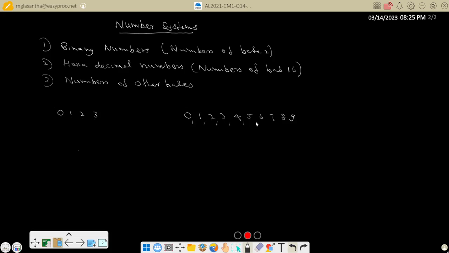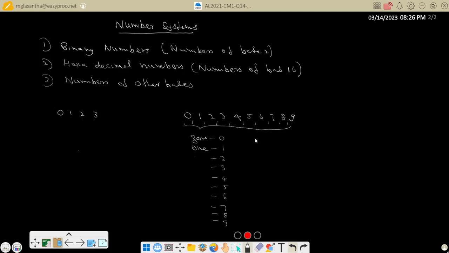From these 10 symbols, you can write down all the ordinary numbers. So 0, 1, 2, 3, 4, 5, 6, 7, 8, 9.